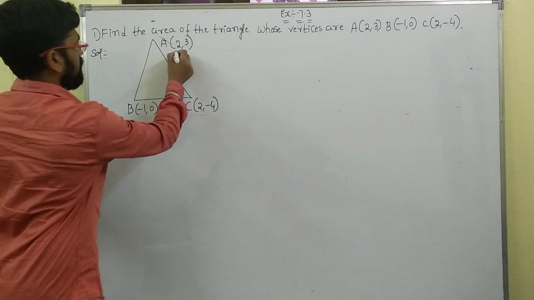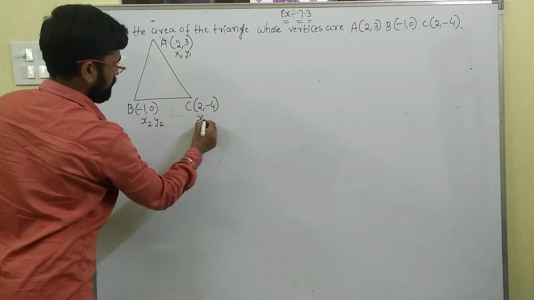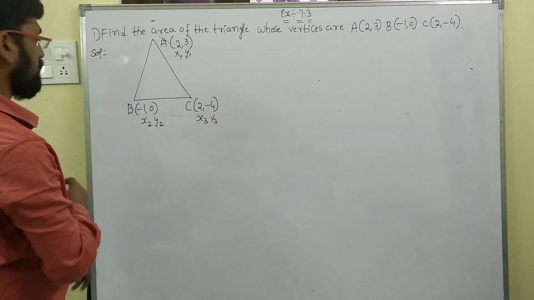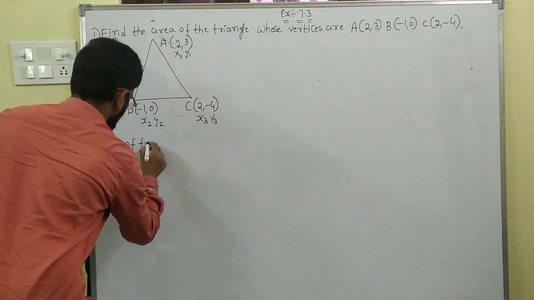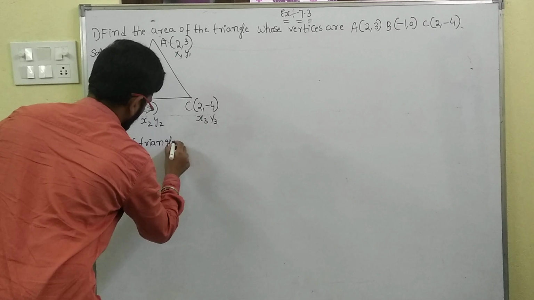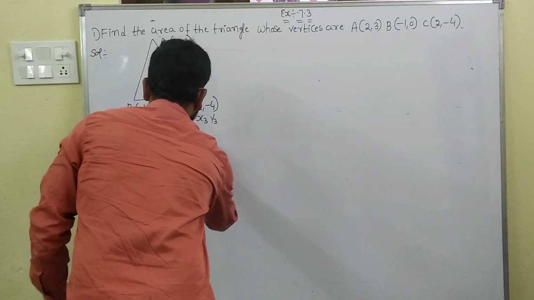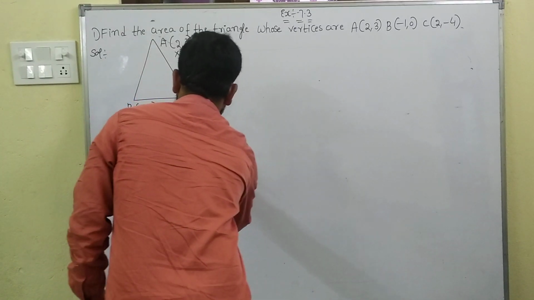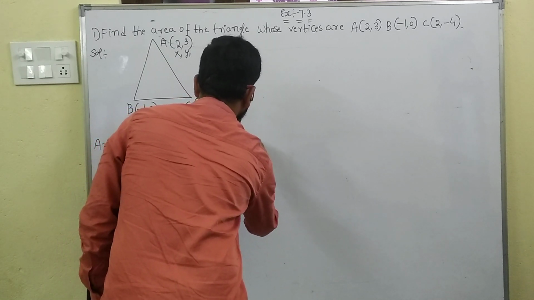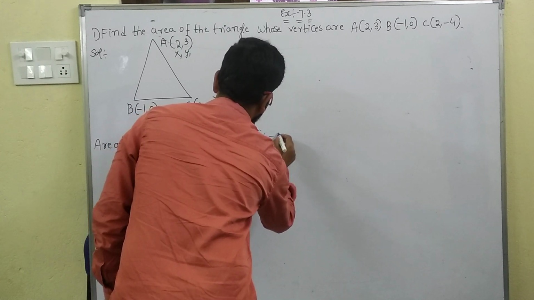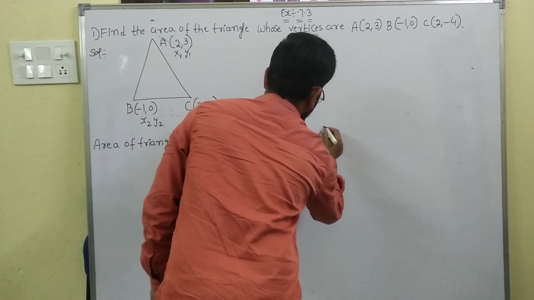If you name them as x1, y1, x2, y2, x3, y3, then what is the area of triangle formula? Area of triangle equals half into x1 into (y2 minus y3) plus x2 into (y3 minus y1) plus x3 into (y1 minus y2).